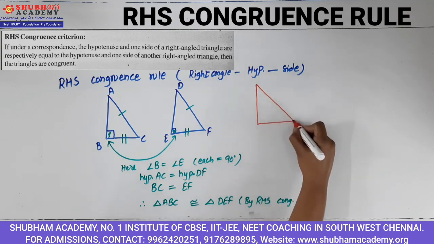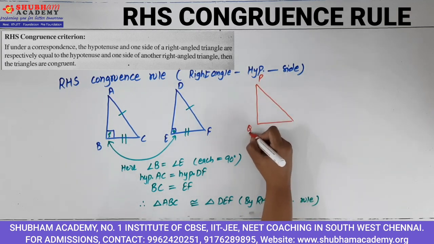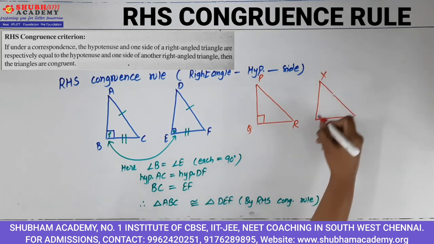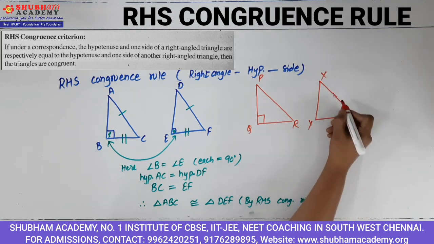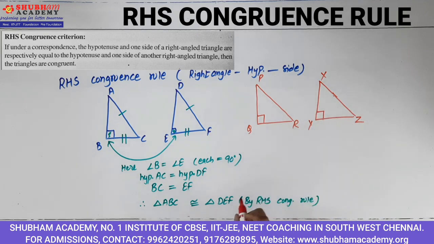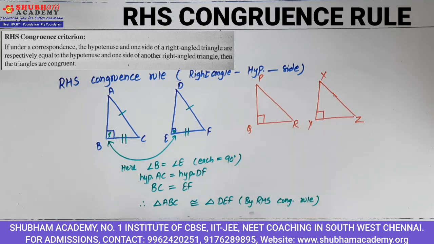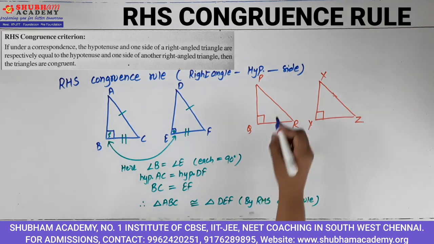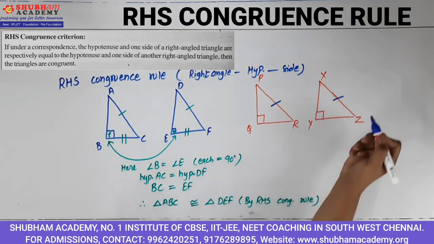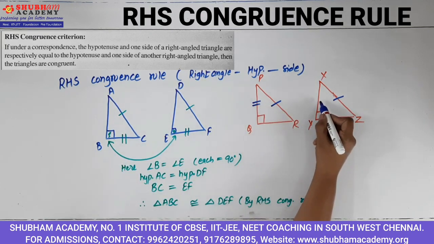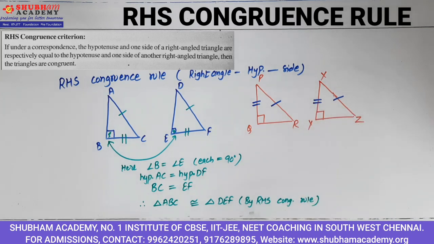Suppose I am having triangle PQR right angled at Q and triangle XYZ right angled at Y, and here both the triangles are again right angle triangle because that is the basic requirement. So here hypotenuse will be equal for RHS, and in place of these two sides I will consider these two sides to be corresponding sides.